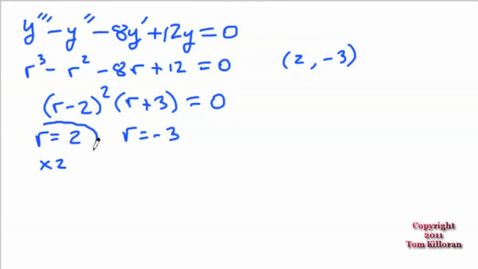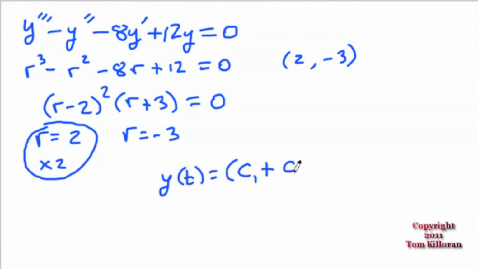So this double root has to have a linear expansion to it. So we're going to get y of t is equal to, and I'll just write it in the linear form, c1 plus c2x, and then it would be e to the 2t from that double root, and then we have finally a c3 e to the negative 3t.